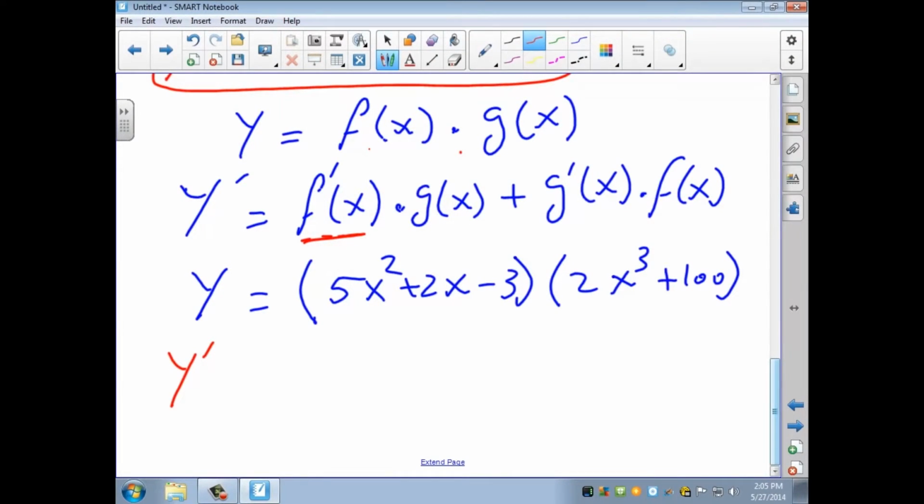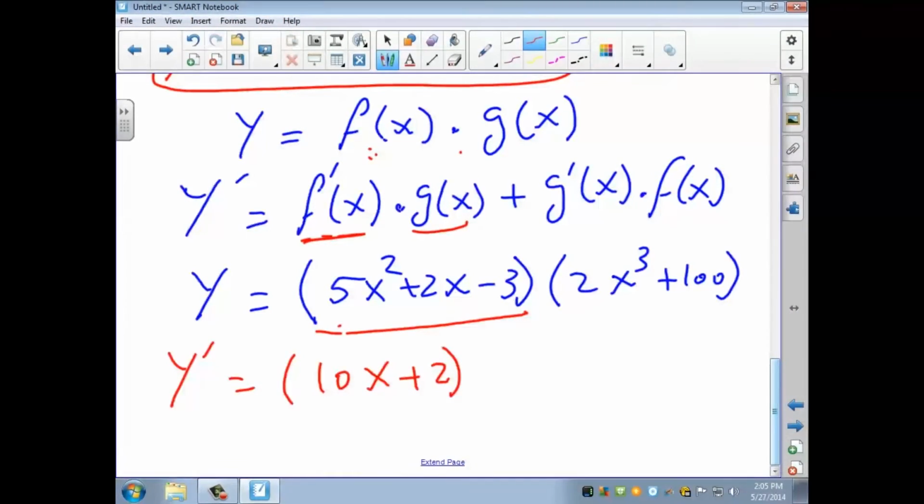F prime of x is referring to the derivative of the first function. So the derivative of this function, this is your first function, would be what? 10x plus 2, close the parenthesis. It says multiply by g of x. G of x is the second function as it is. So multiply by 2x to the third plus 100.